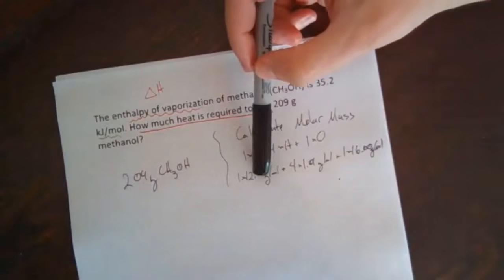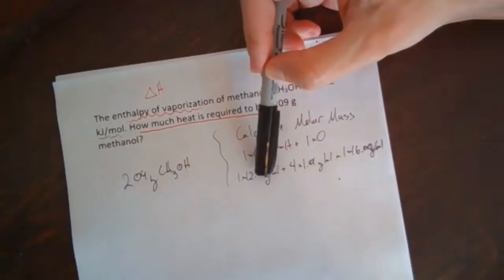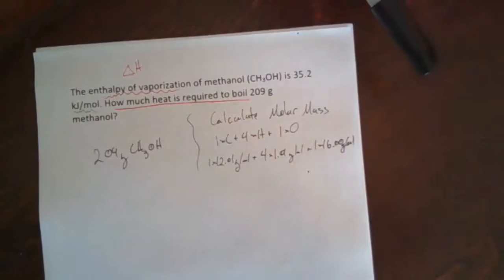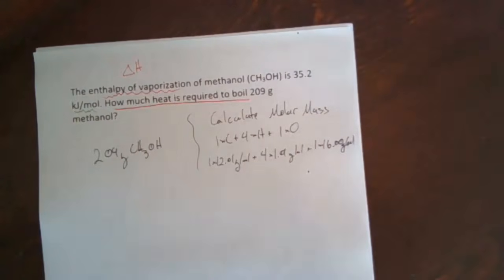For me personally, I just prefer using 2 digits after the decimal point everywhere when I'm calculating molar masses. The reason for that is it keeps it consistent. I know at the end, when I'm done putting everything together, I'm going to have 2 digits after the decimal point for my correct sig figs. If you want to use more, that's fine. You can't use less.